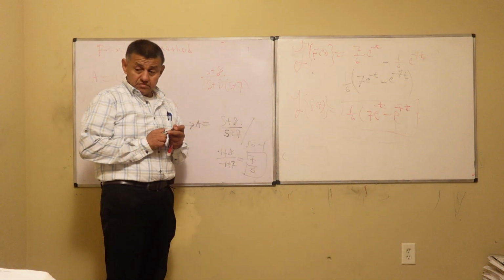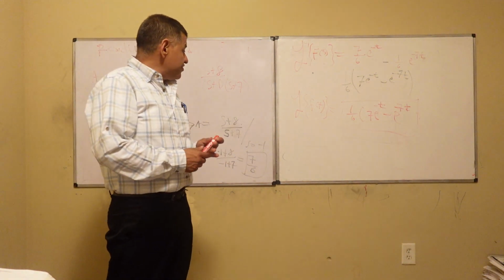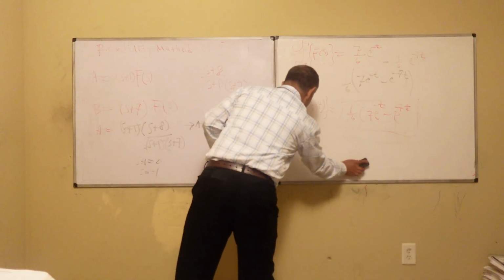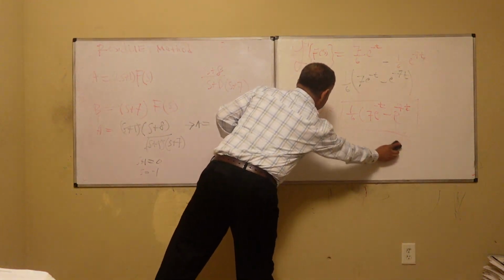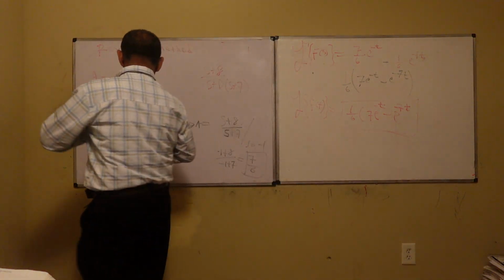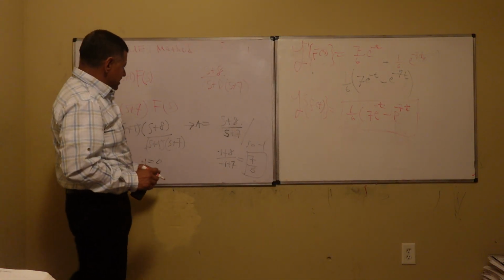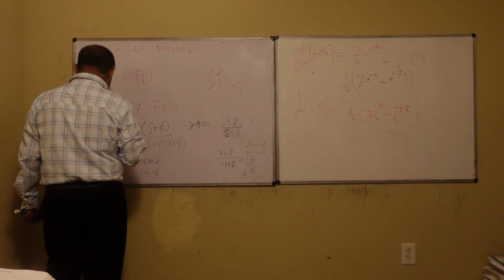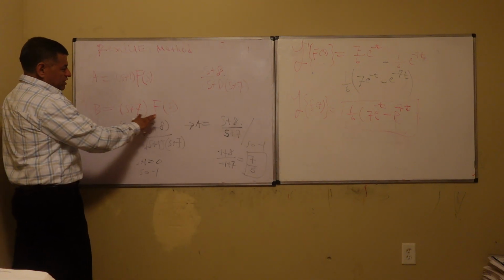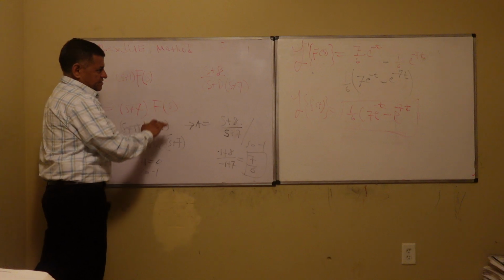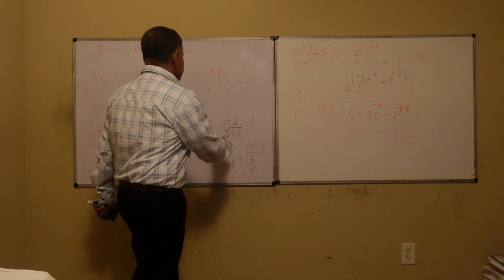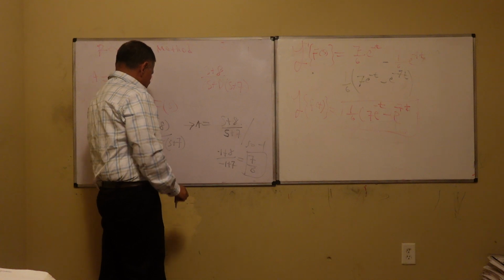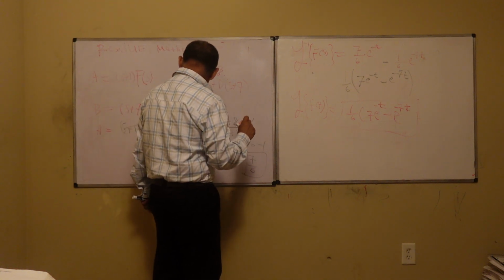Now the same thing we can do to find B, right? So B now is going to be the following. B is equal to this guy multiplying F of S, right? So F of S is the whole thing, that is F of S right here. Now let's get it done.